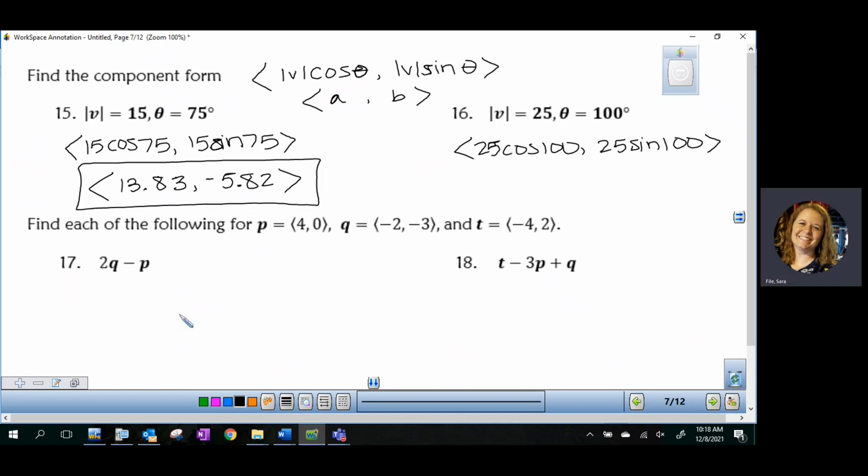If you're in degree or radian mode. I'll look at your calculator in a second. All right, and then the 25 cosine of 100. Oh my goodness. I'm in radian mode, y'all. That's my bad. Oh, good catch, Cassidy.